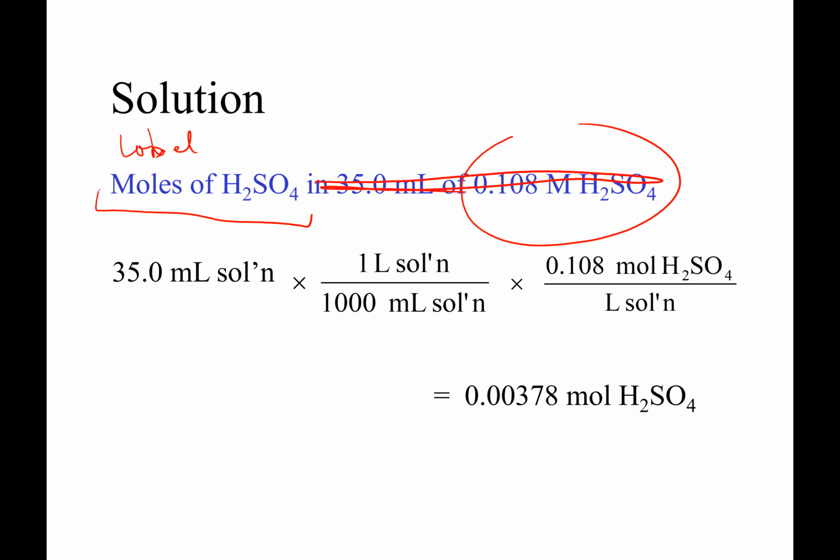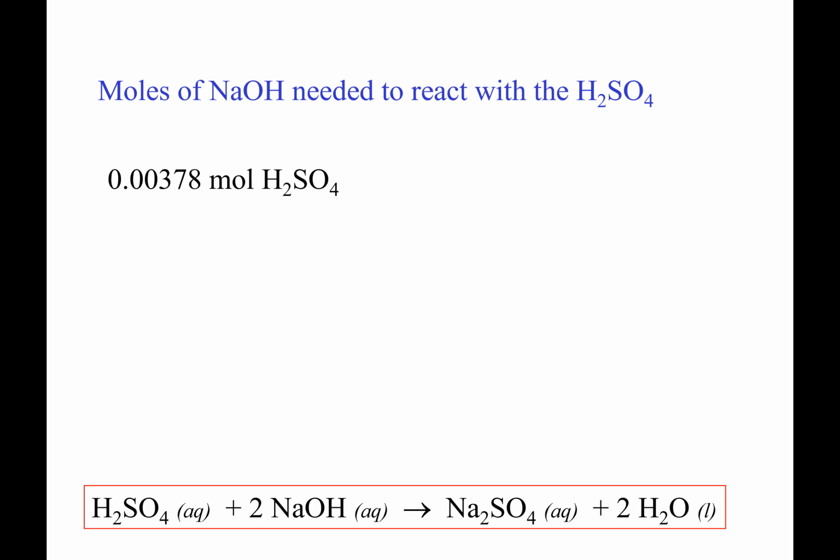So back to you, Benny. So this is going to be my first term. Okay. So how can I use this as a stoichiometric ratio to get to moles of NaOH? You're going to have 2 moles of NaOH over 1 mole of H2SO4. Exactly. So I would probably just call this moles of NaOH.